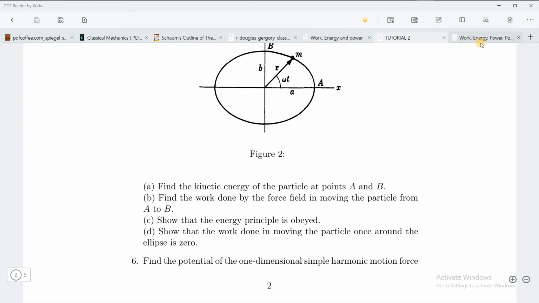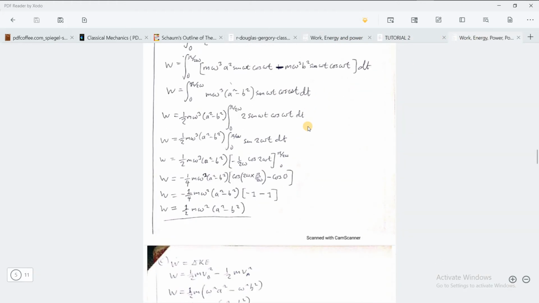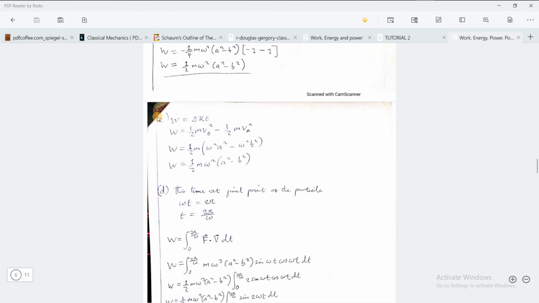And when you look at this expression for part C here, we know that work is equal to change in kinetic energy. That's what we need to show. We need to show that this is true. And we know that kinetic energy is just half mv squared.